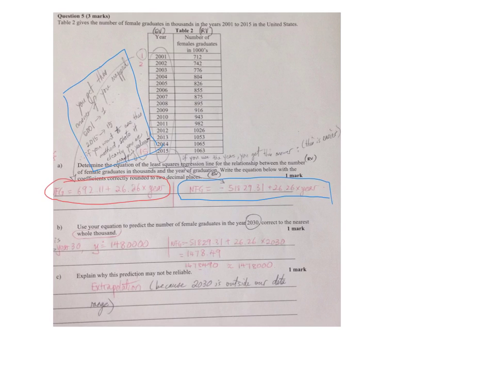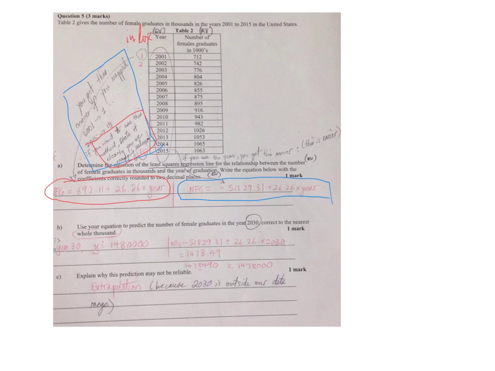I accept either answer, but to be safe, you should state it clearly that you're remapping the years into some index values. So 2001 equals 1, 2002 equals 2, and so on.